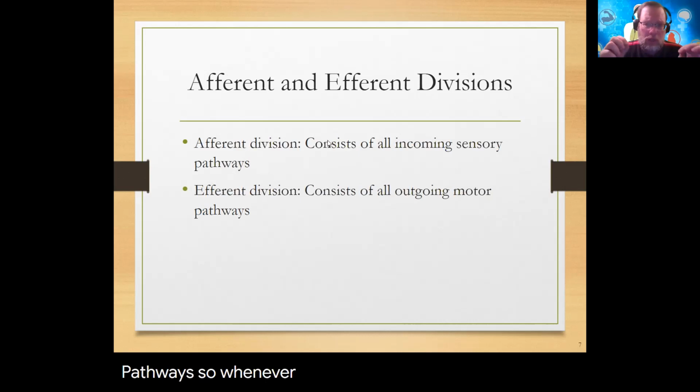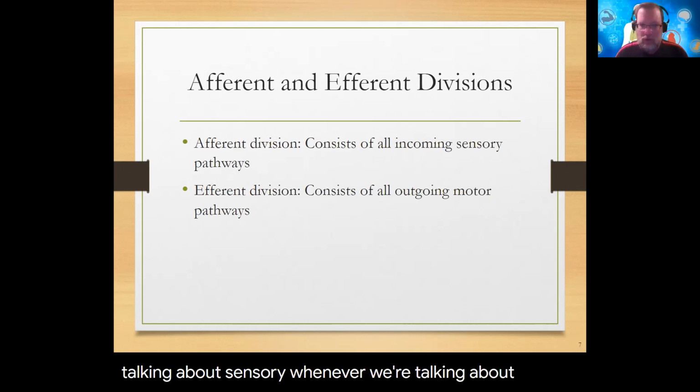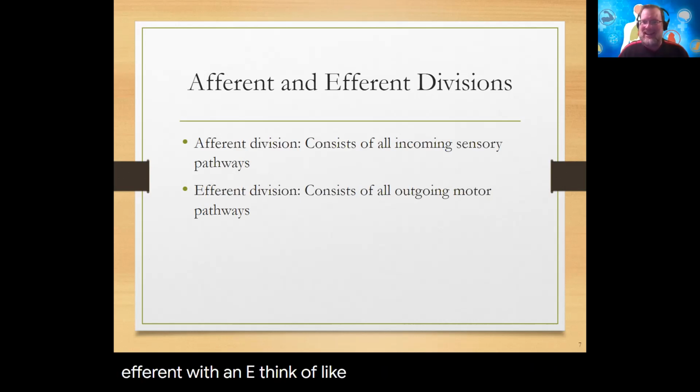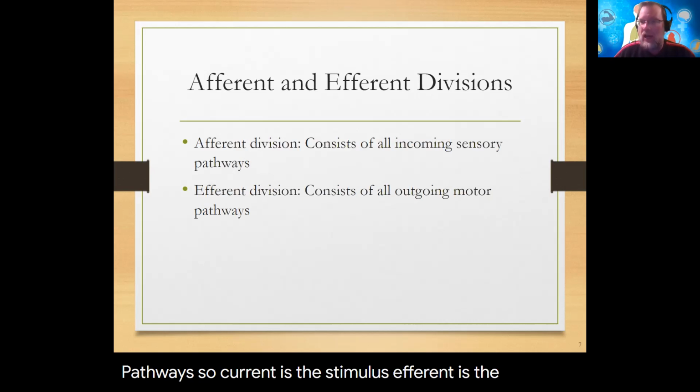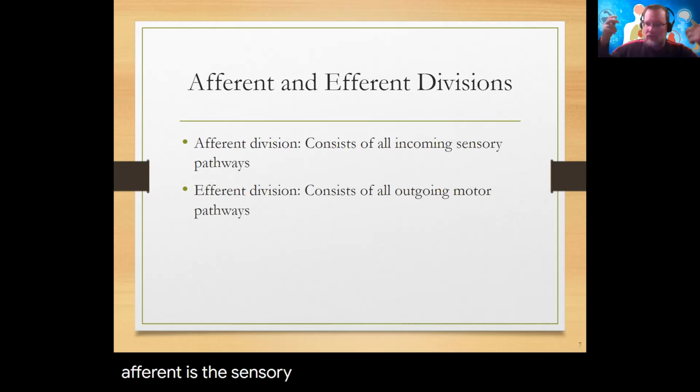So whenever we're talking about afferent, we're talking about sensory. Whenever we're talking about efferent with an E, think of an effect. So the effect or the efferent pathway is going to involve some sort of response pathway. So afferent is the stimulus, efferent is the response. Afferent is the sensory, efferent is the motor.